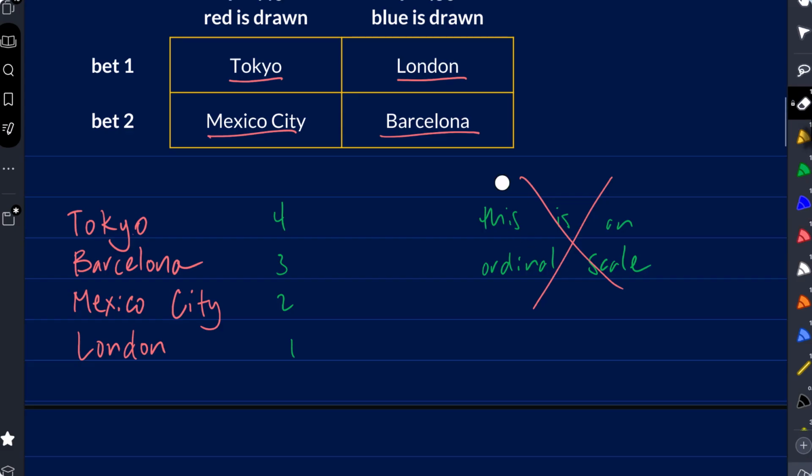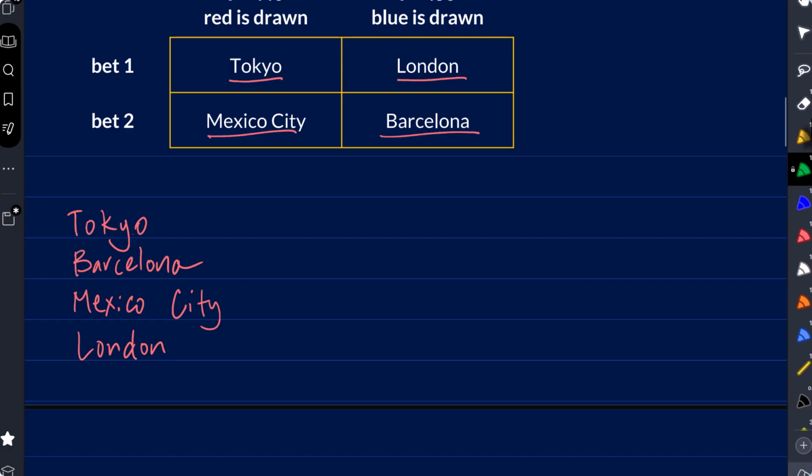So instead, the first thing we do is assign the most preferred outcome, whatever it might be, Tokyo for me, a value of 1, and we give the least preferred outcome a value of 0.